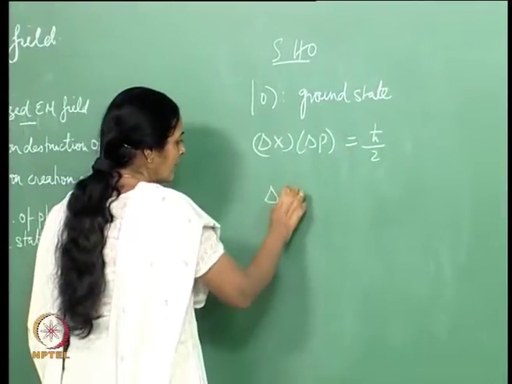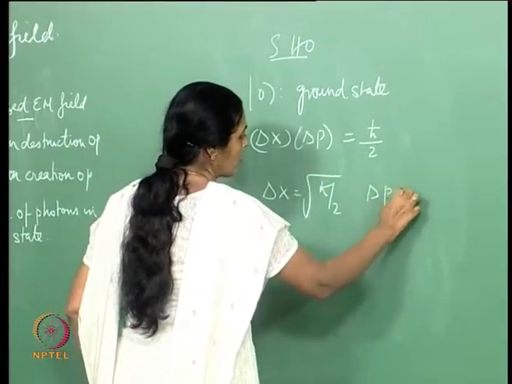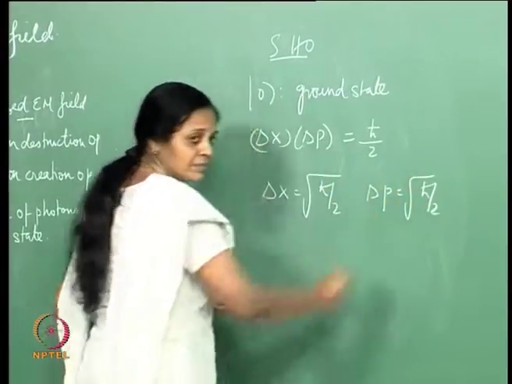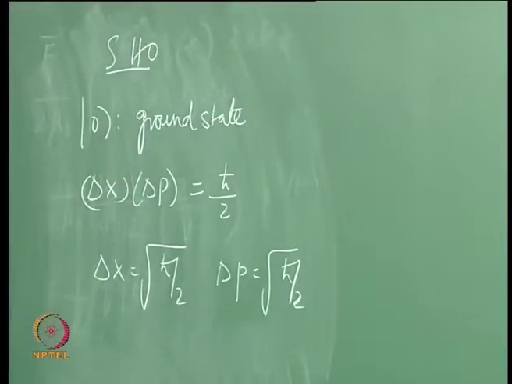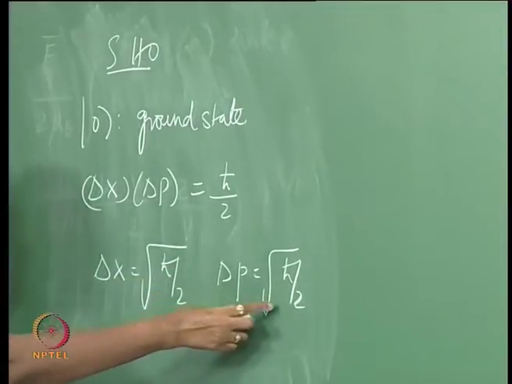Not only that, delta x was root of h cross by 2 and delta p was root of h cross by 2. In the case of the oscillator, if m equals 1 and omega equals 1, it was not only a minimum uncertainty state, it was a state where delta x was equal to delta p.